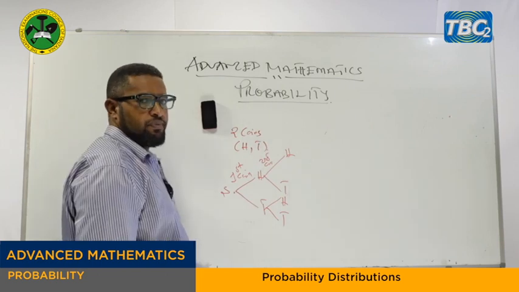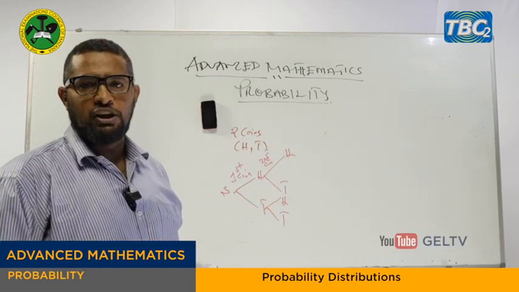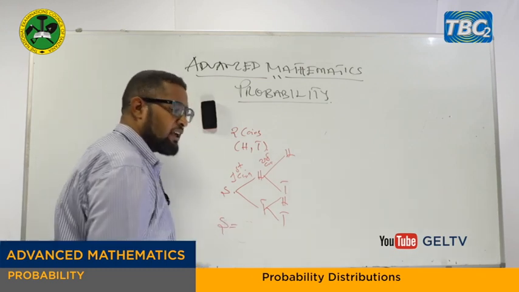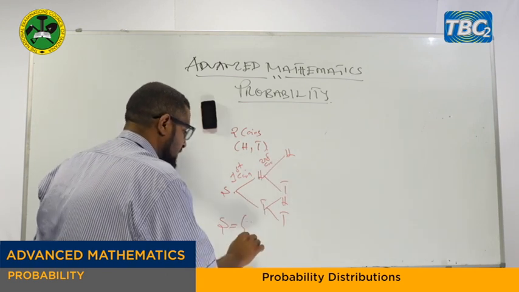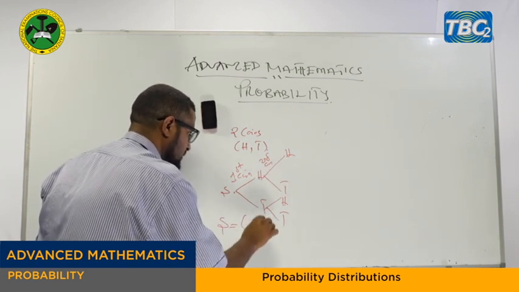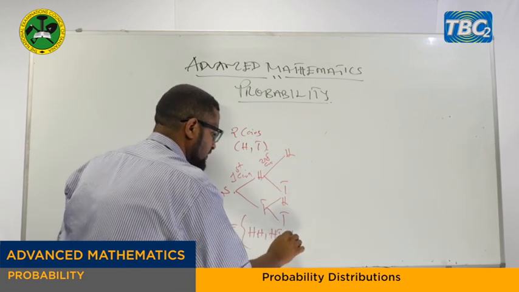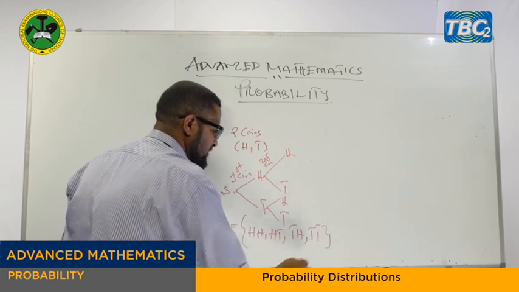After that, you need to write a set containing the number of outcomes or number of elements. So our sample space elements will be HH, HT, then TH, TT.